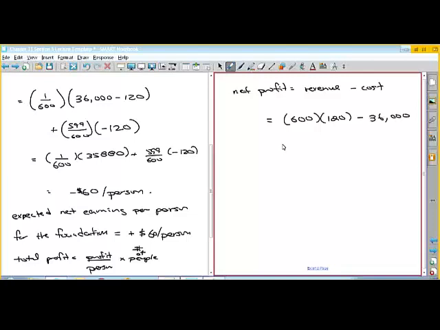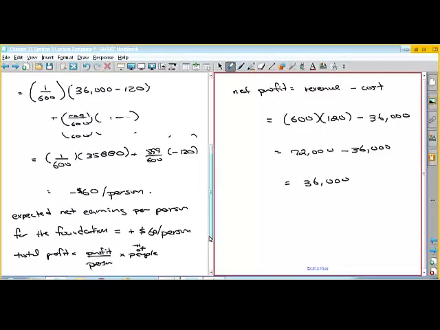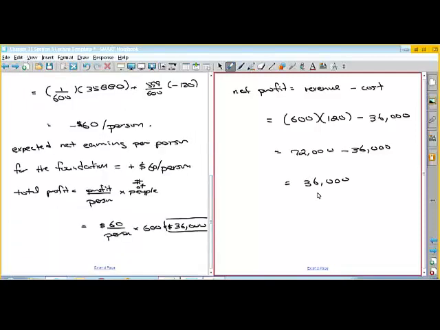And the cost is a $36,000 car. If you multiply the first two numbers together, you get $72,000. You subtract the cost of the car. That means the foundation is going to make $36,000, which is exactly what we got previously. So one way is looking at results per person, and the other way is just to look at the whole thing.